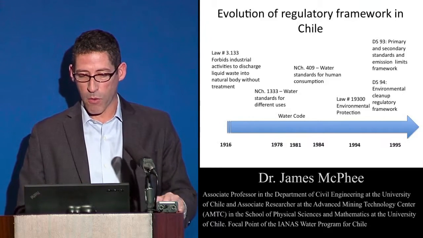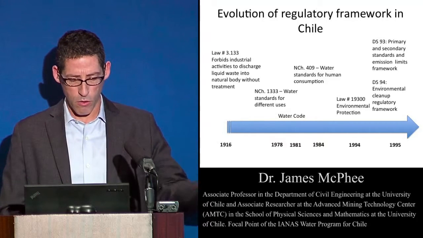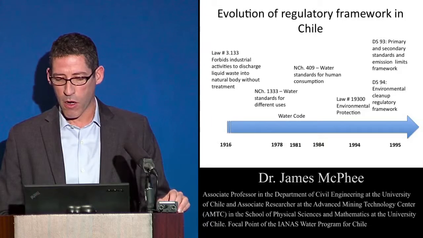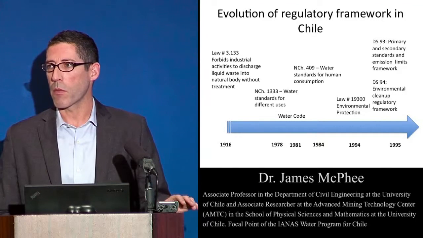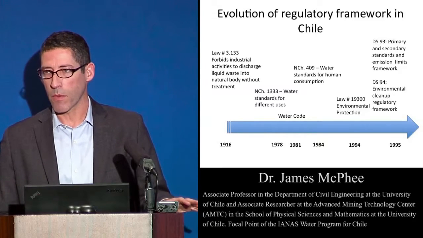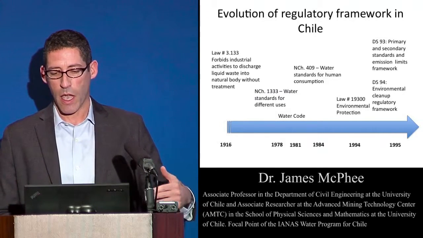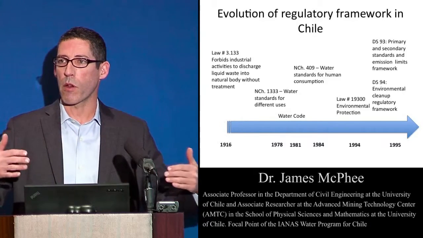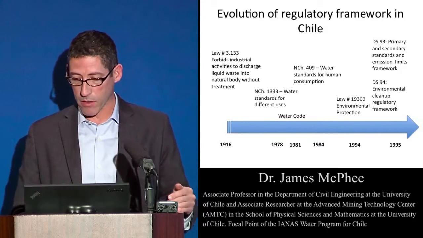In 1984, we find water standards for human consumption, which are also extensive for animal consumption as well. And in 1994, an important milestone is the first Environmental Protection Act in Chile, which established the environmental impact assessment processes and established also the potential for future regulation in terms of environmental quality standards.